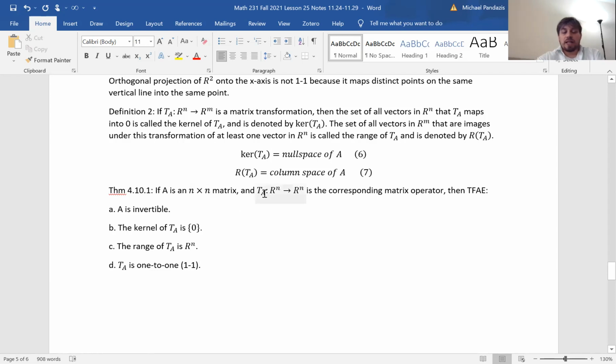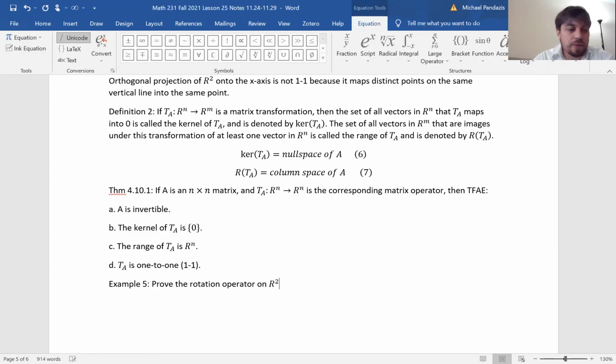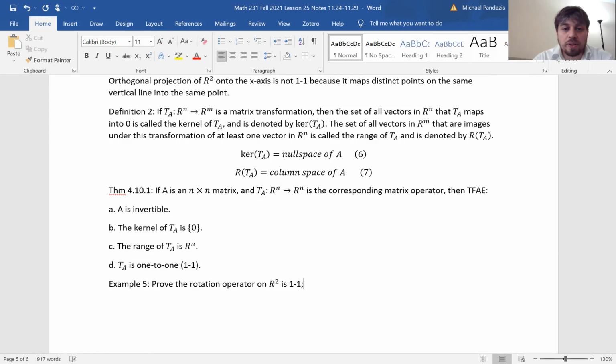Okay, so if A is n by n, T sub A from Rn to Rn is the corresponding matrix operator. The following are equivalent. These four statements have the same truth value. They're all true or they're all false. Example 5. Prove the rotation operator on R2 is 1-to-1.